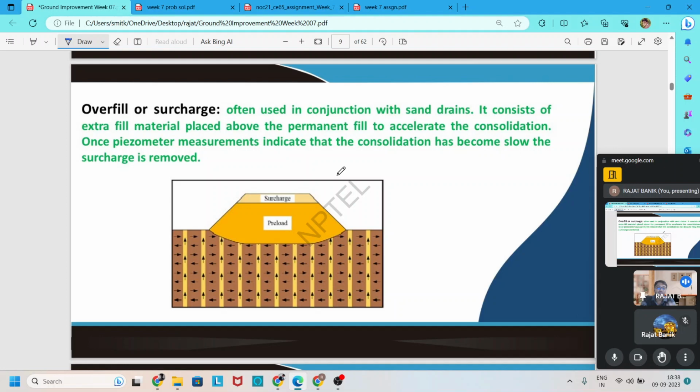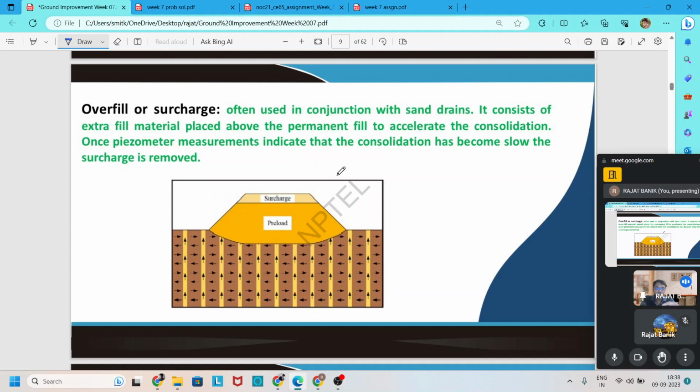After that, to further increase the consolidation rate, we install some vertical drains. Again, if we want to increase this rate further, we use some extra load on it to accelerate our consolidation technique. One piezometer is used to indicate the consolidation, and when this consolidation becomes slow, the surcharge is removed.